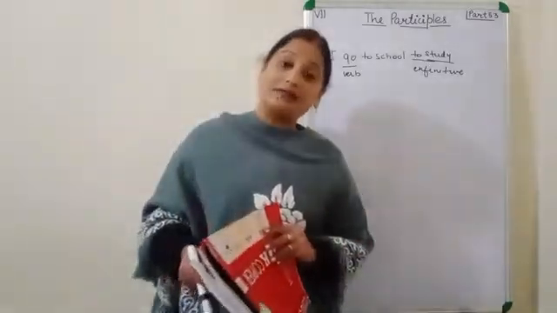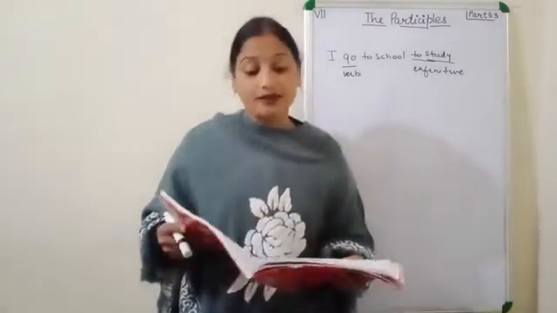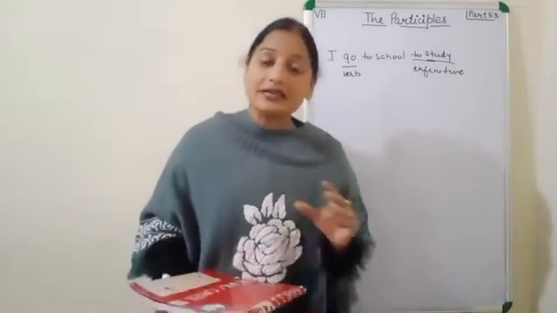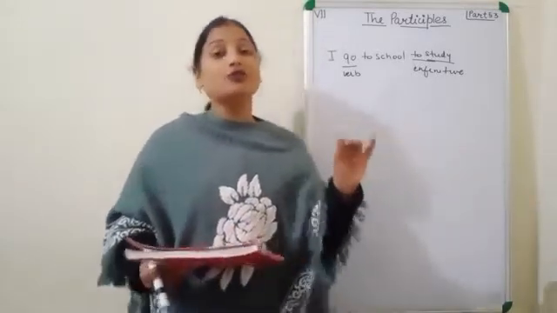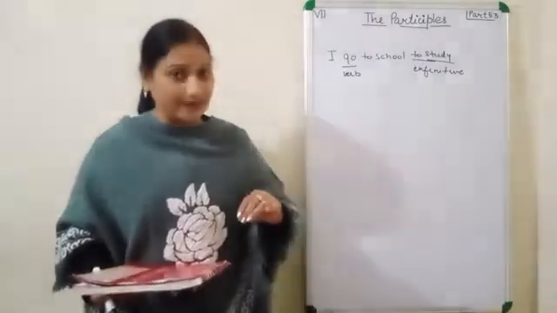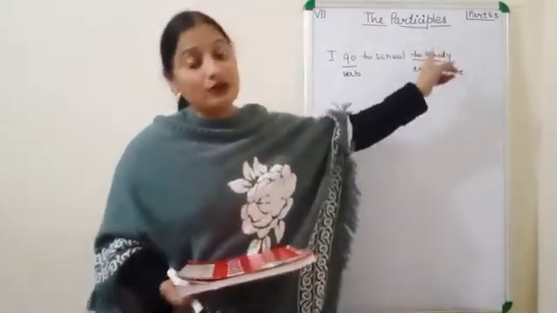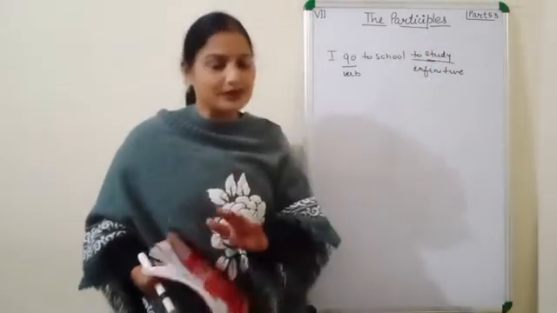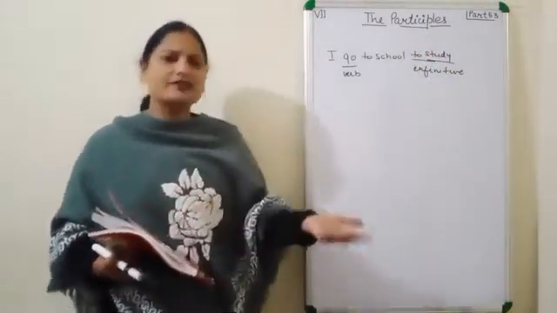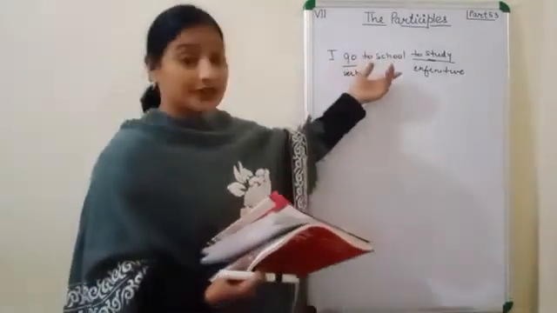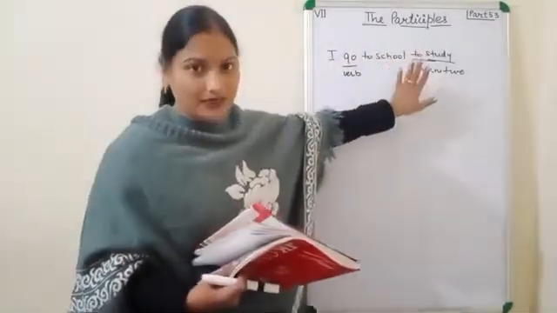Perceptions, for example, see, hear, watch, know, feel. Then, if these types of words are used in a sentence, what will we do? We will use the infinitive without "to". The examples are given in your text, and we have discussed these examples also. The infinitives without "to". Clear?